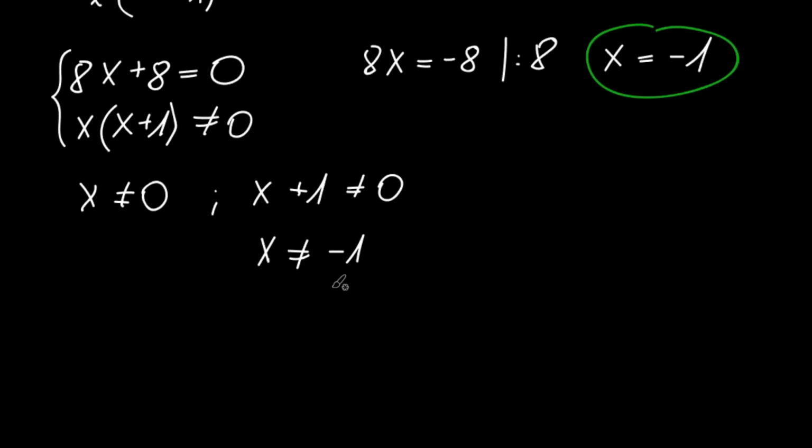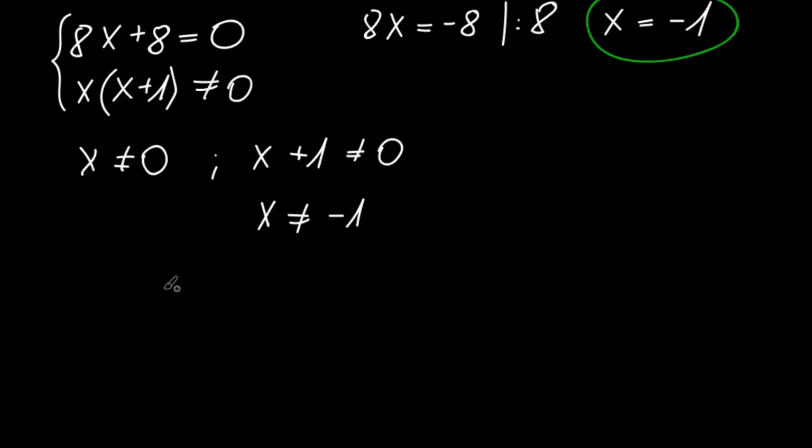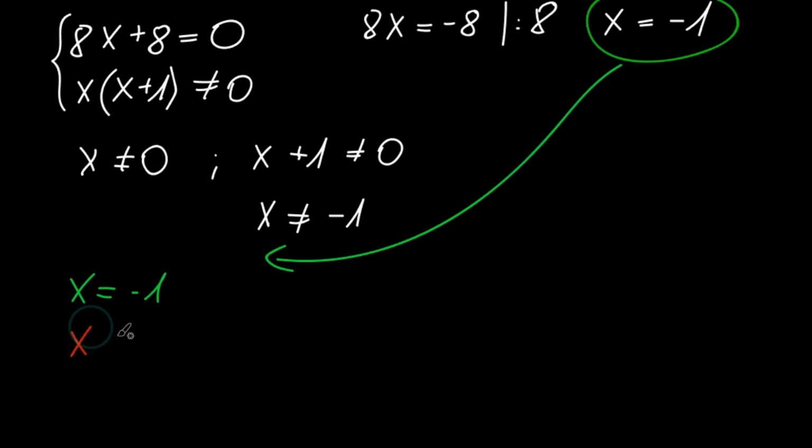So, from these two equations, we get that x is equal to minus 1, from here. X is minus 1. Also, we get that x is not equal to 0 and x is not equal to minus 1.